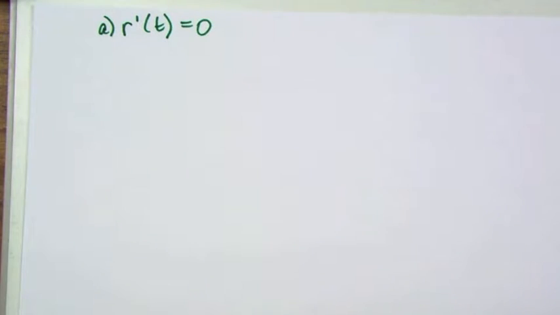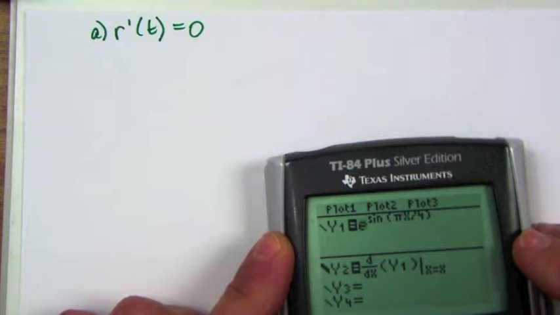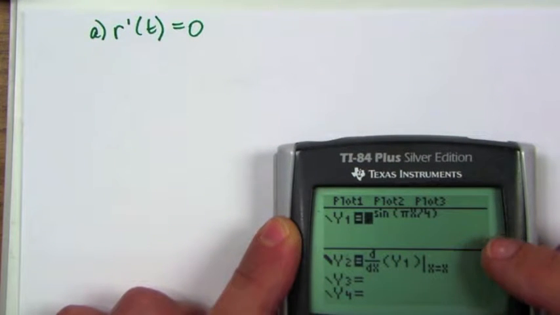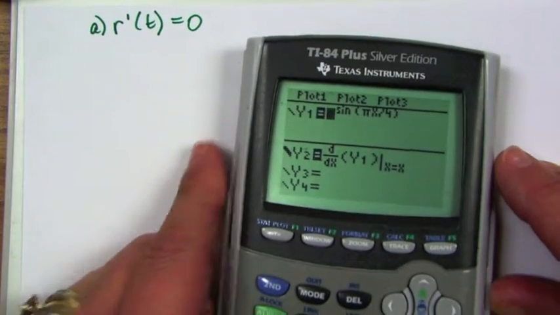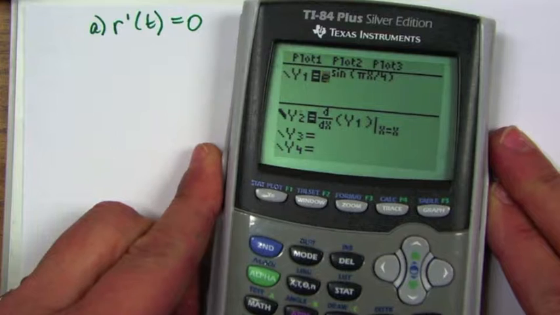And here's another thing that I would do if I were you. We're going to use this equation over and over again in all of these questions. So if it were me, I would enter R of t in my calculator, and I put that in Y1.